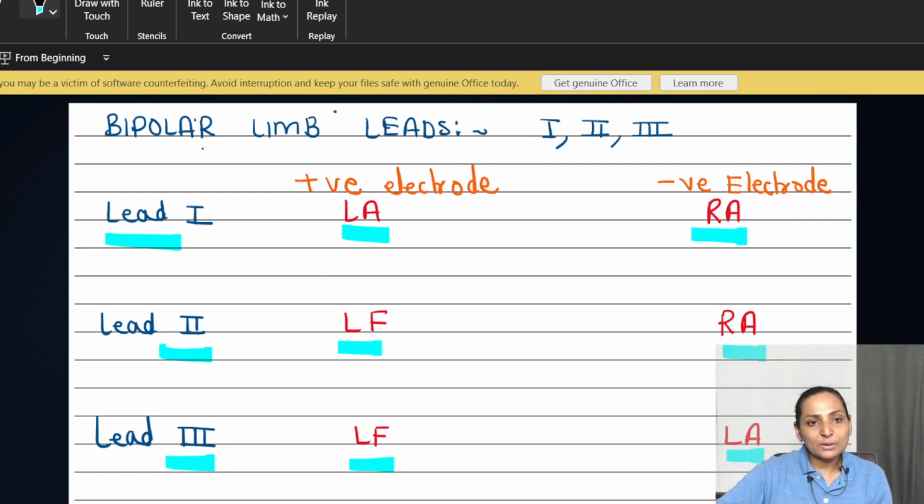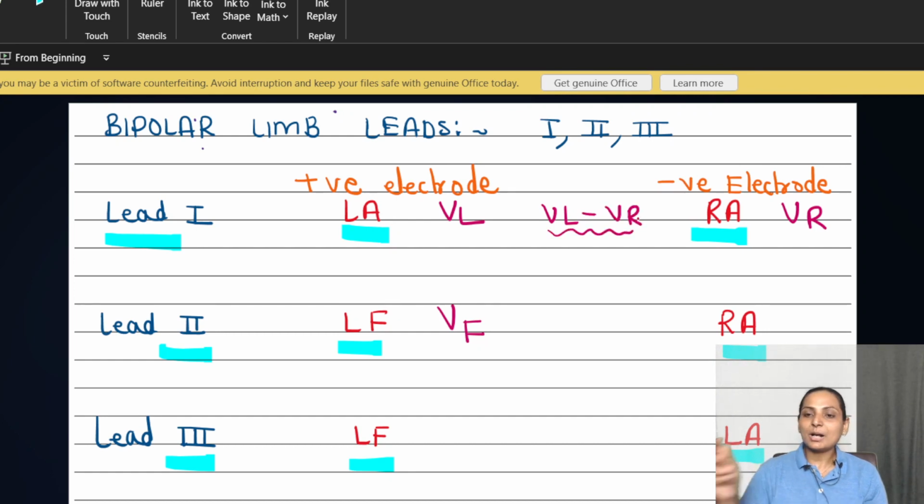One more thing to keep in mind: we can also write left arm as VL, right arm as VR, and left foot, or the left leg, as VF. So I can write lead 1 as LA minus RA, but I will also write it as VL minus VR.